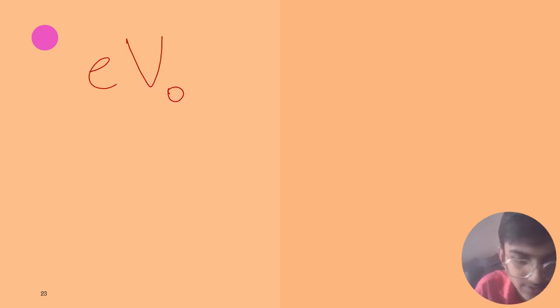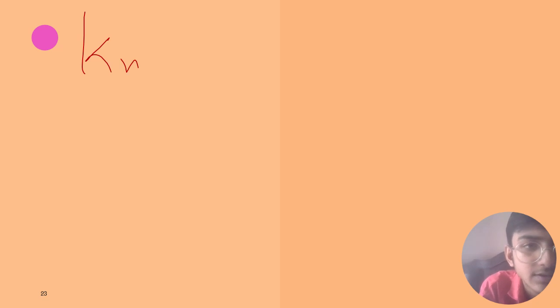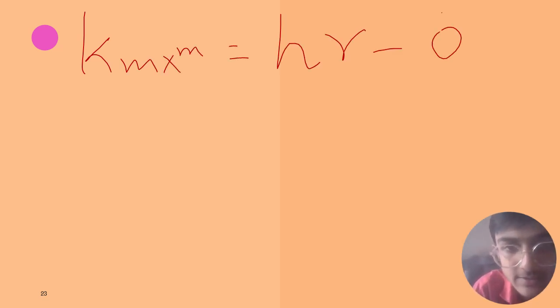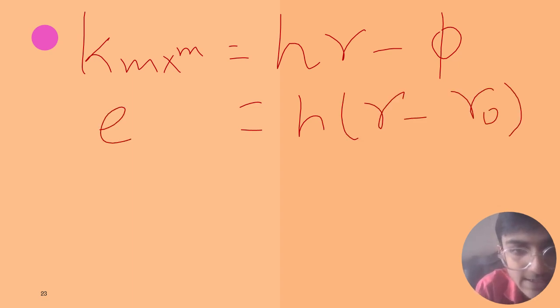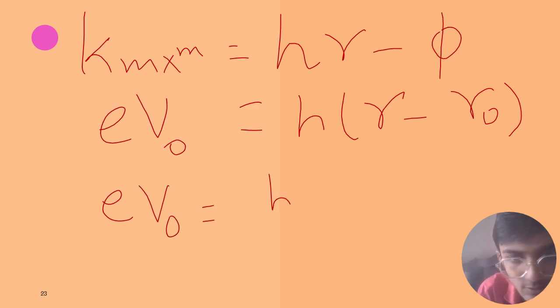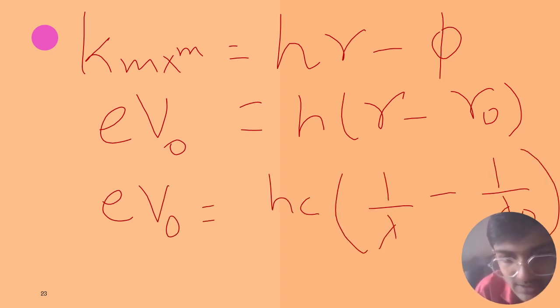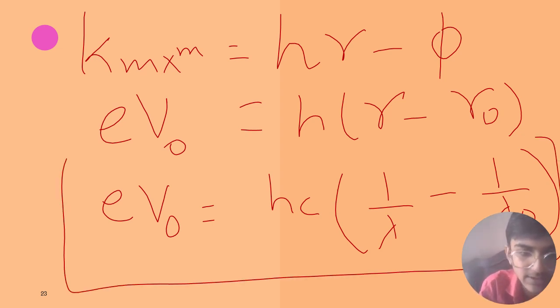Again, I'm writing the equation first, otherwise you may get confused. So see, K maximum is equal to h nu minus phi. We wrote it as h into nu minus nu naught. We can write it as e into V naught, or as hc into 1 by lambda minus 1 by lambda naught. Right? This can be done.